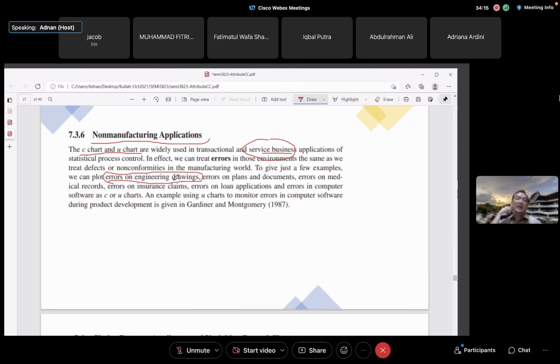You can monitor how many mistakes appear in the drawing. Or errors in plans or documents, medical records, insurance claims, applications, computer software. So, for example, U chart and C chart can be used, not only in manufacturing.